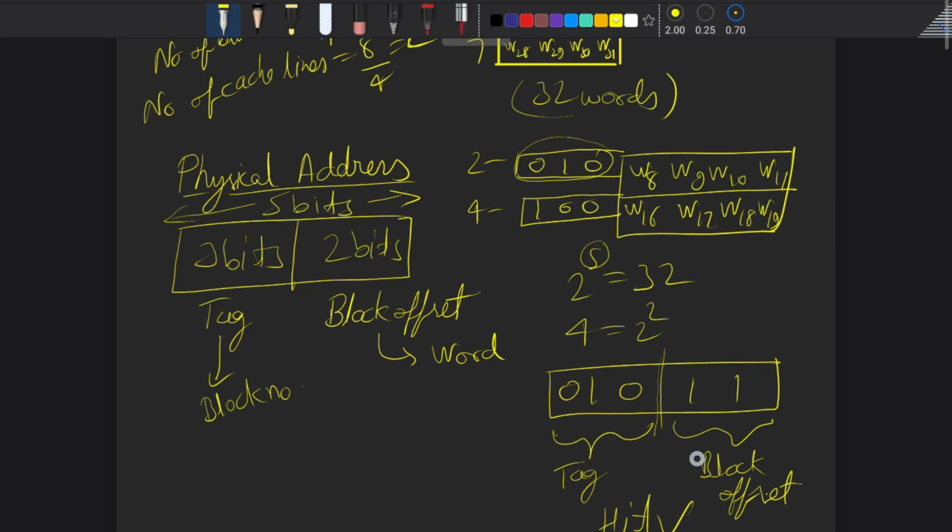And of course from here we can specify which word the CPU was looking for, and it is 11, which means it was looking for the third word. This is the zeroth word, this is the first word, this is the second word, and this is the third word. So it was looking for word 11.